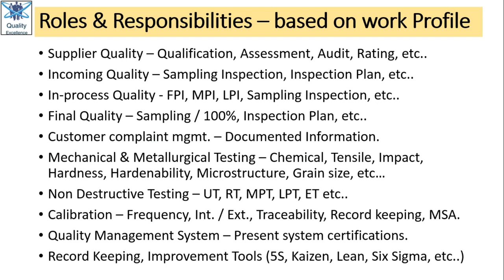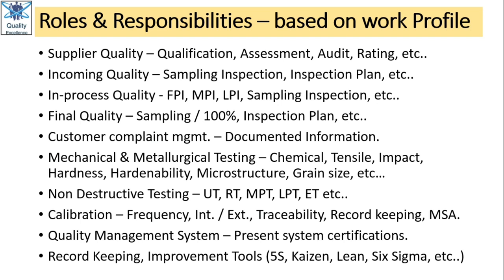Then in process quality, they can ask you about first piece inspection, middle piece inspection if you are doing it, last piece inspection, then sampling inspection, etc. They may ask you about the process audit also, if you are doing process audit as well as product audit in process quality. In final quality, they may ask you, are you doing it on a sampling basis or 100%?